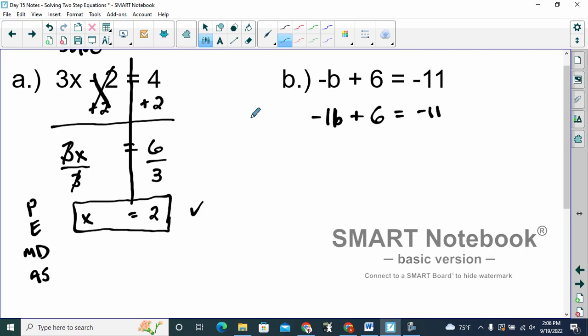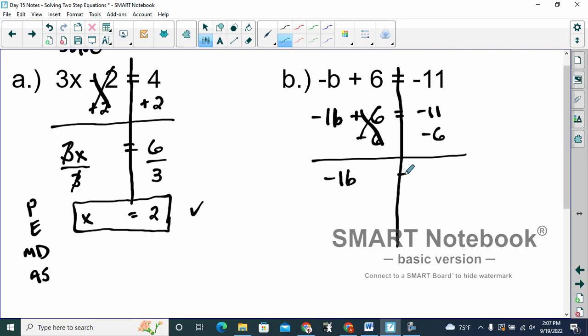Like we did over here, the last thing that happened was this addition. We added 6 at the end, so the first thing I need to undo is that plus 6. I undo plus 6 by subtracting 6 from both sides. 6 minus 6 cancels. I get negative 1b equals negative 11 minus 6 is negative 17.